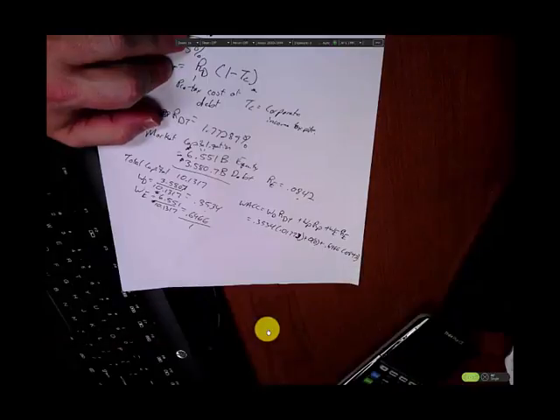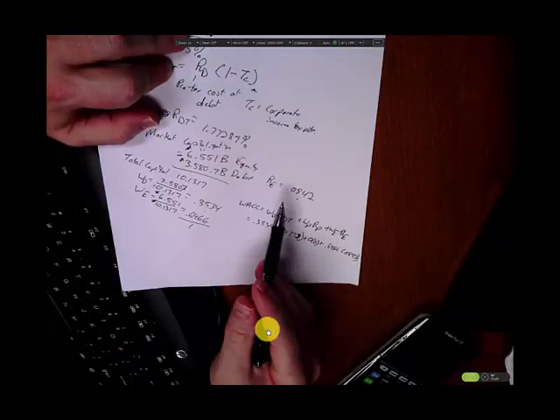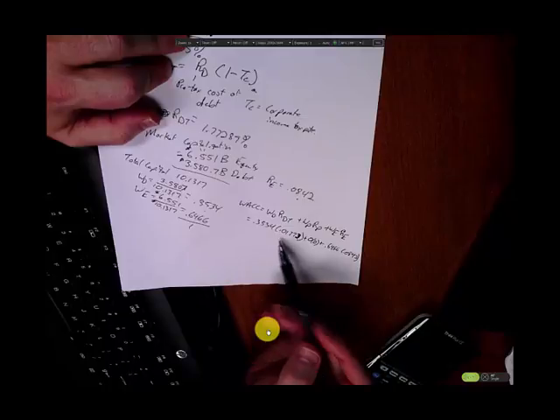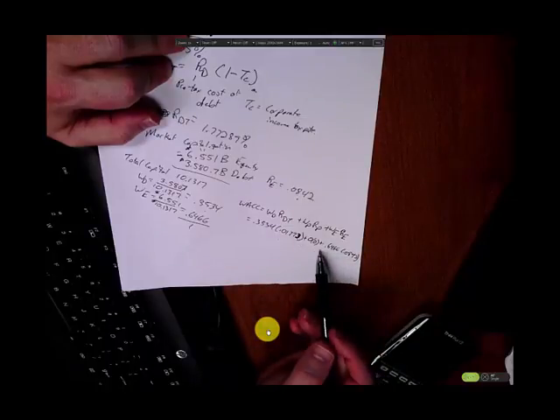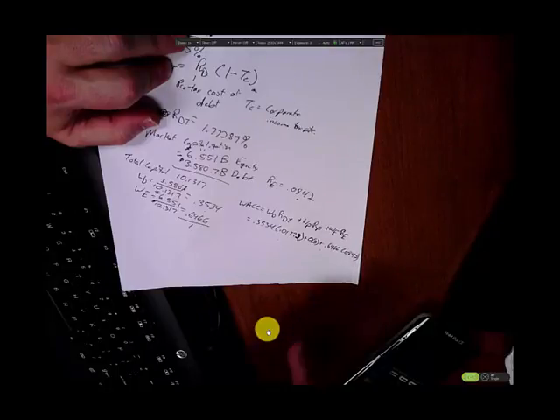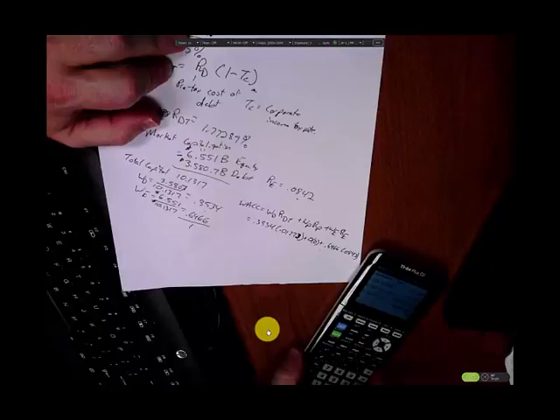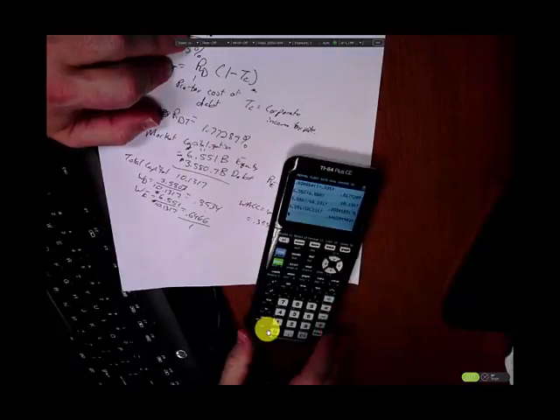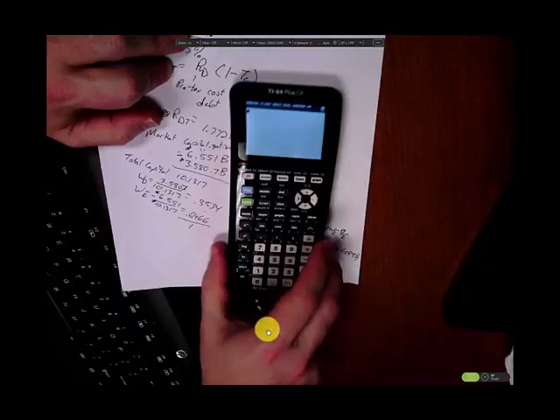All right, so I have my weight of debt multiplied by the after-tax cost of debt, plus the weight of preferred stock multiplied by the cost of preferred stock, plus the weight of equity multiplied by the cost of equity. So I'm going to put that in my calculator here. Let me clear everything out a little bit better.